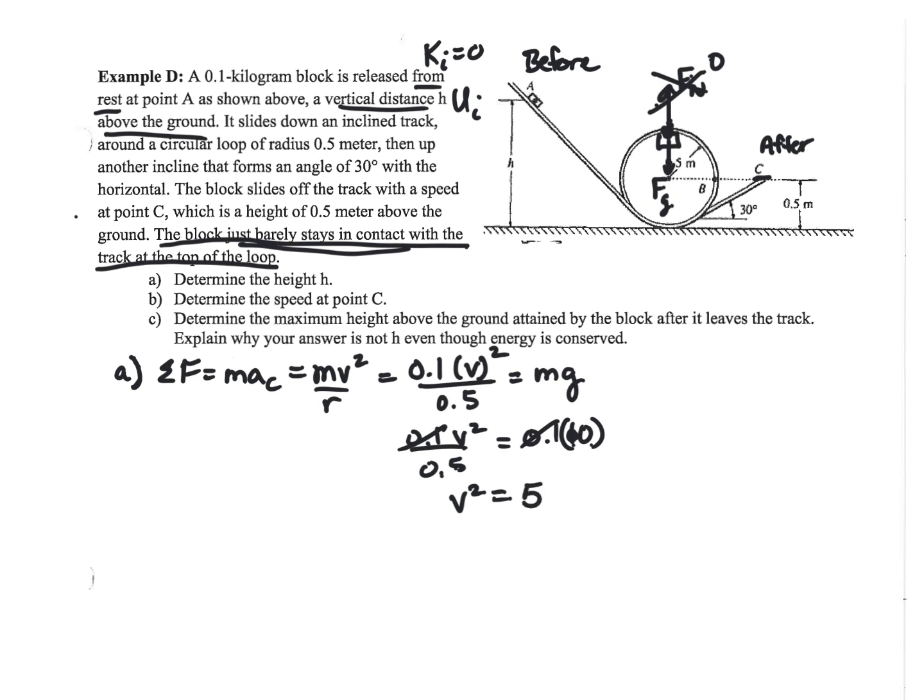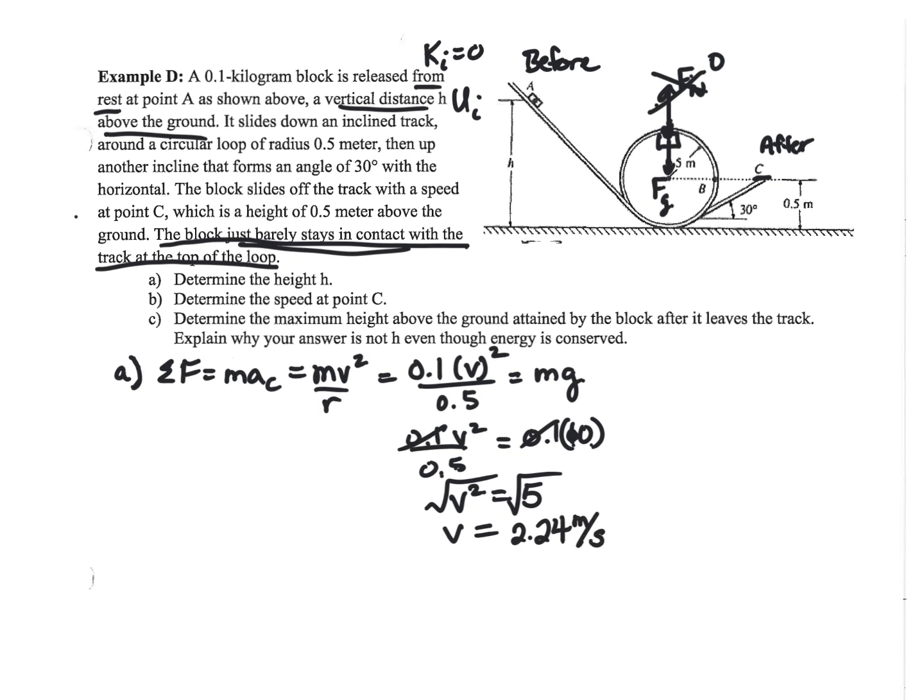Take the square root of both, and we get a velocity of about 2.24 meters per second at that point.